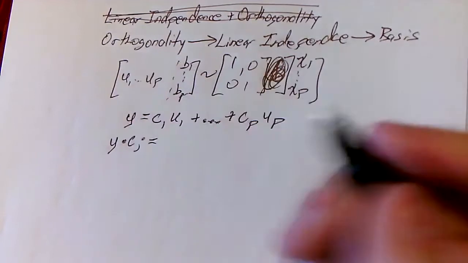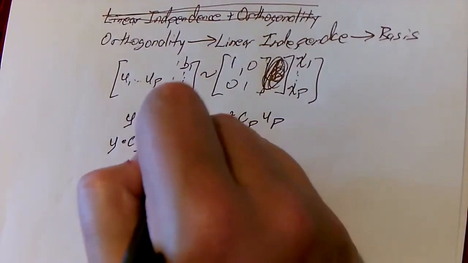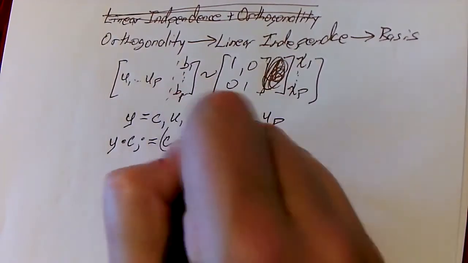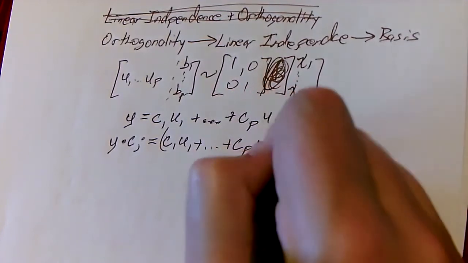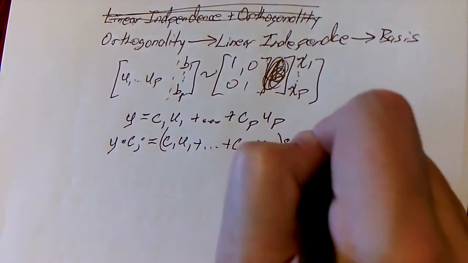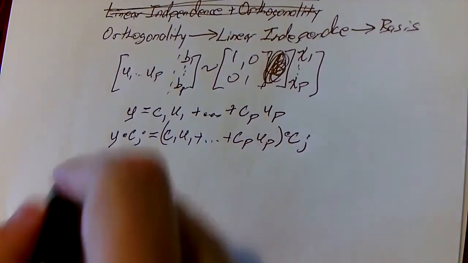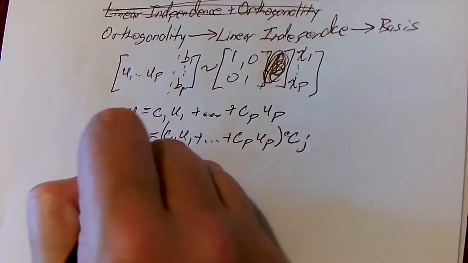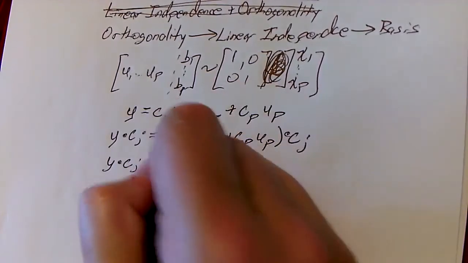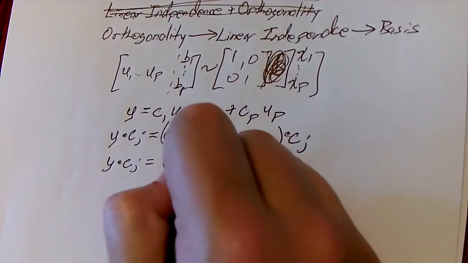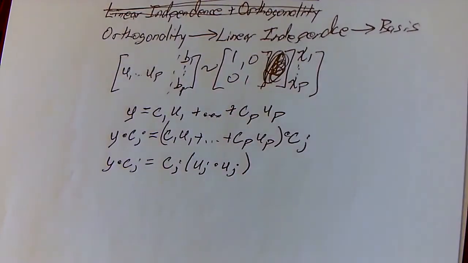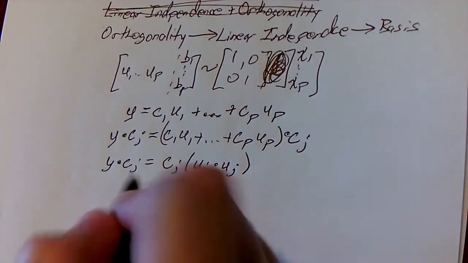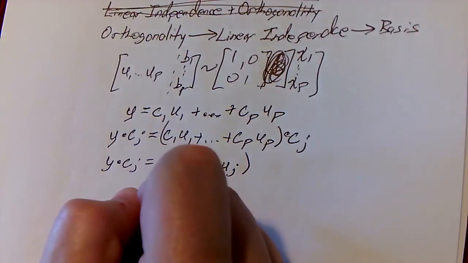Let's say CJ. When I do this dot product, just like my last proof, they're all going to go to 0, except for the one that has the same vector. So uj dot uj will be left over.